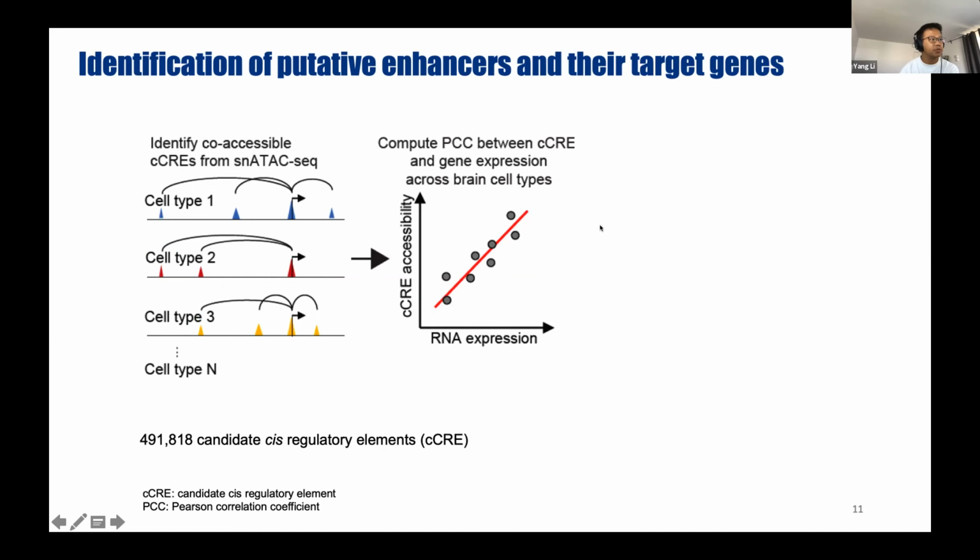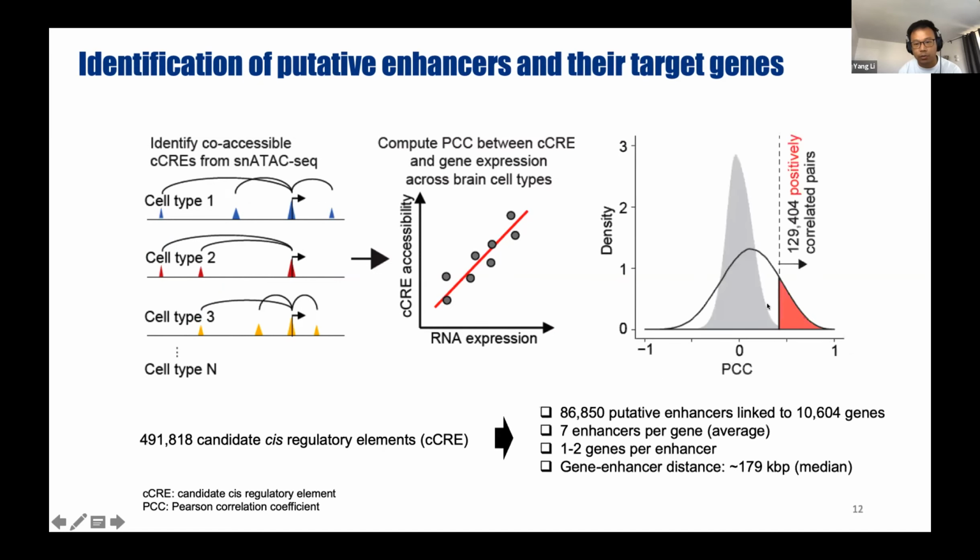So using these two approaches, we are able to identify 129,000 positively correlated pairs between a gene and its potential enhancer against a random background.